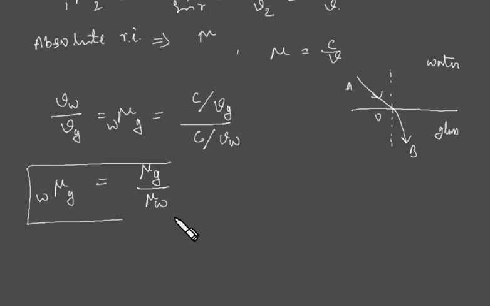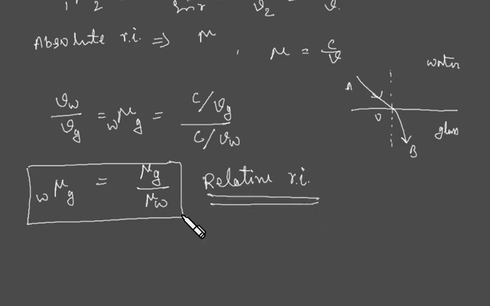Such a refractive index, where the two media are different from air or vacuum, is called a relative refractive index, because it is the ratio of two refractive indices. So don't be confused here: the refractive index of glass with respect to water is the ratio of the absolute refractive index of glass to the absolute refractive index of water. That's called the relative refractive index.